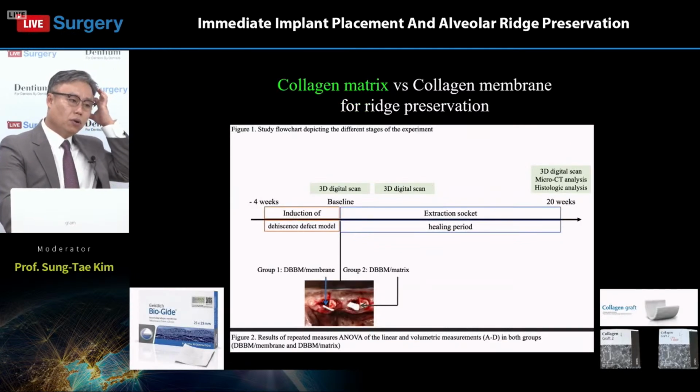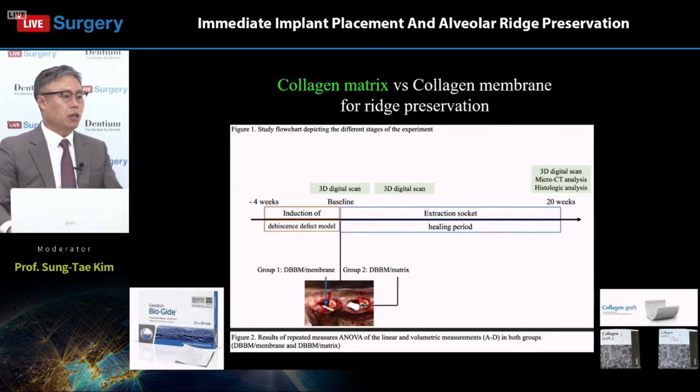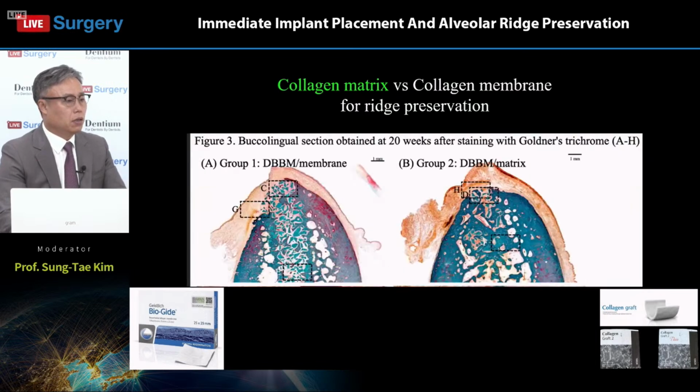So I conducted one animal study comparing extraction sockets. This is a damaged extraction socket, and we applied the ridge preservation technique. On one side collagen matrix, and on the other side collagen membrane. We found that the left-hand side is membrane and the right-hand side is matrix.